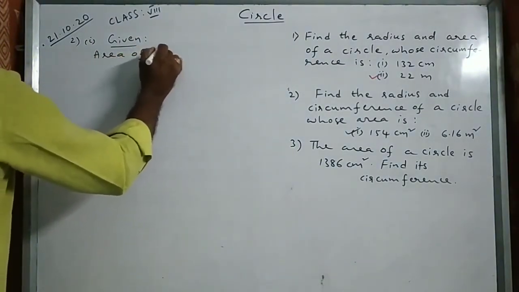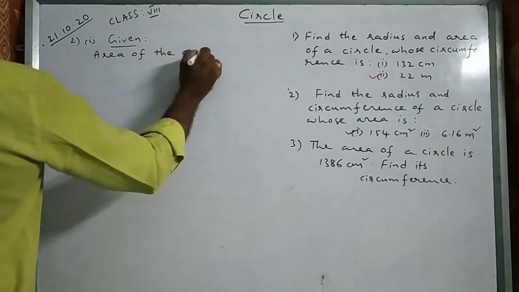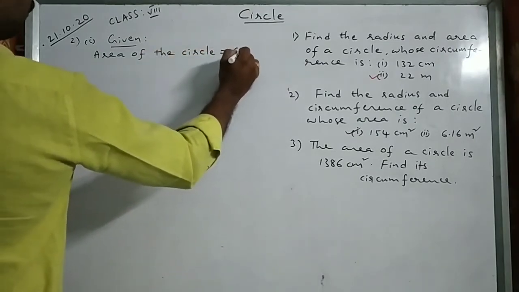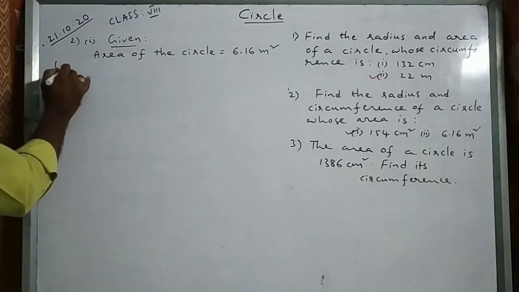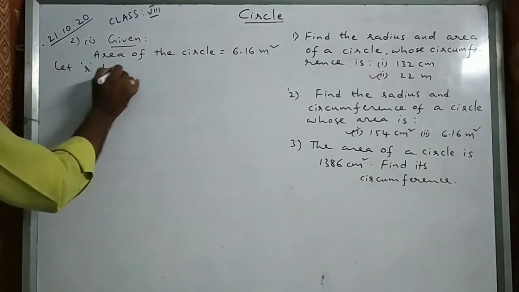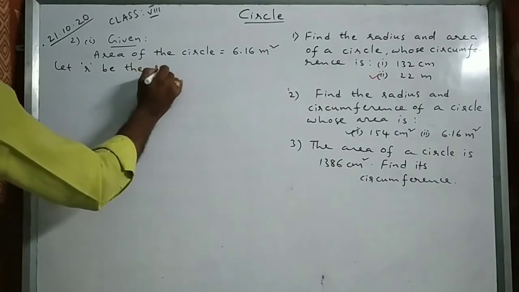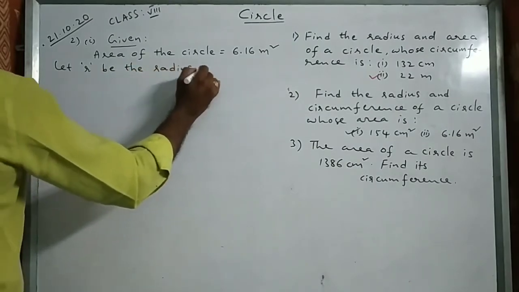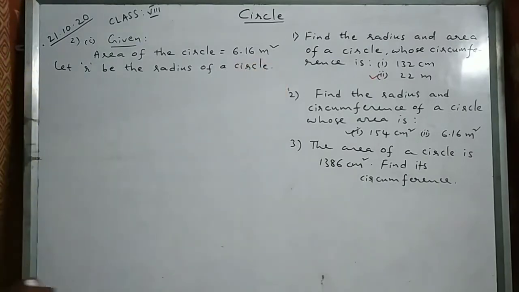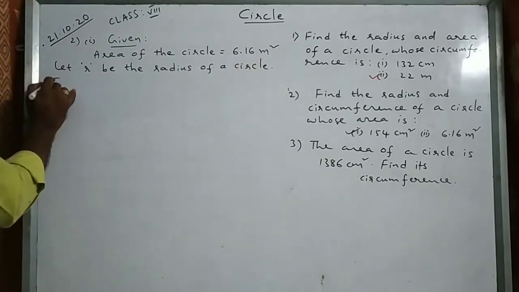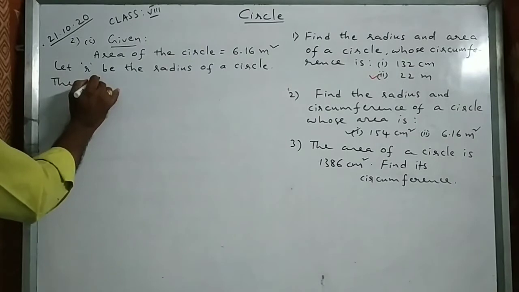So area of the circle is given: 6.16 meter square. Let r be the radius of a circle. Then what is the area of circle?